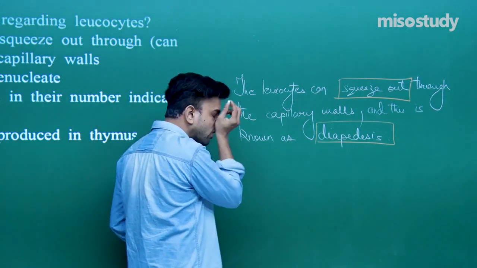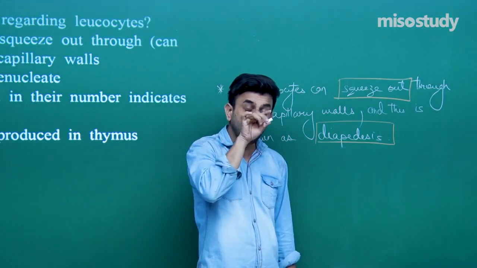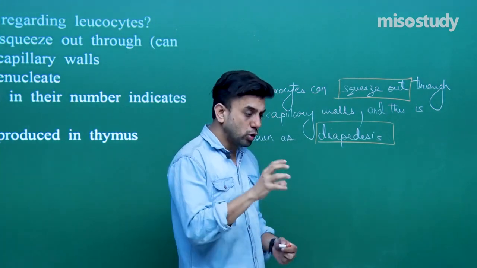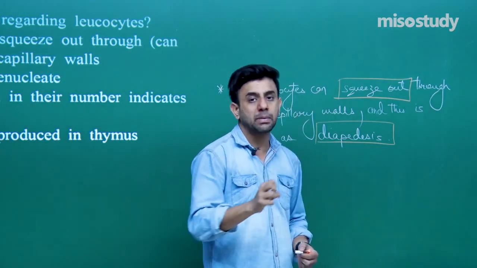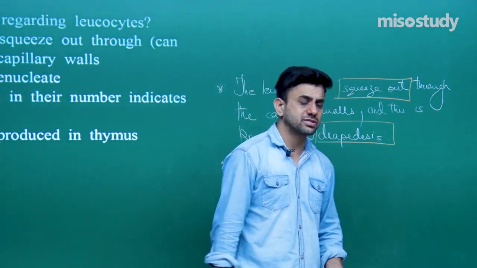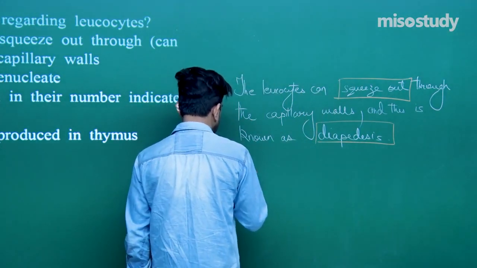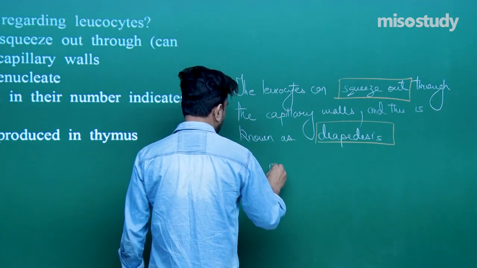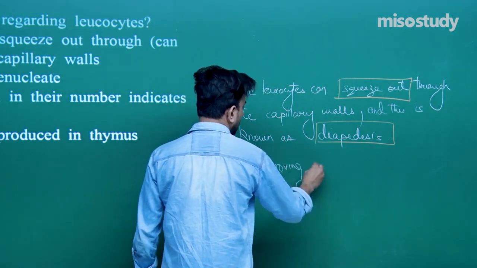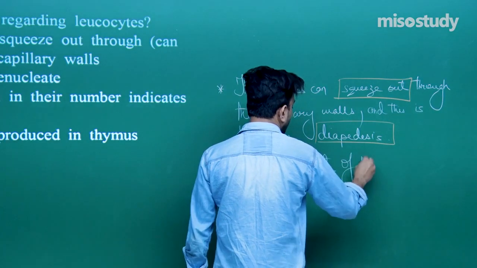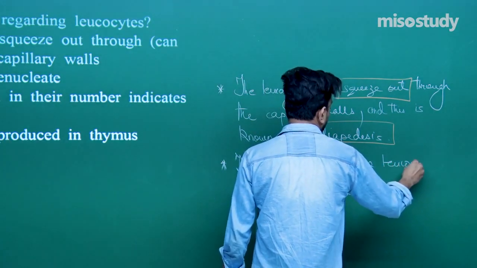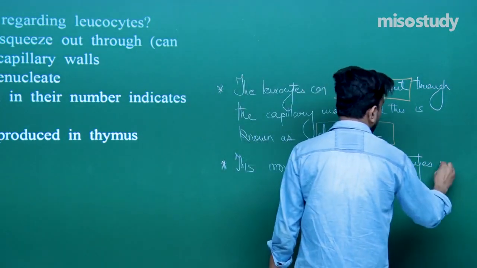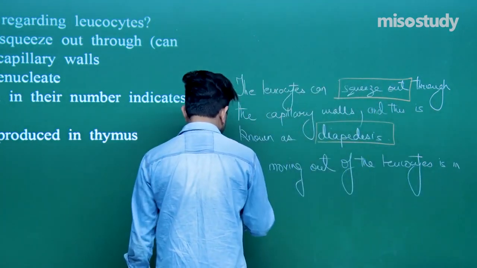Now, this squeezing out of the leukocytes is in response to the infection, in response to the antigen of the infection. So, the leukocytes will squeeze out and will engulf that bacteria or the antigen by phagocytosis, right.